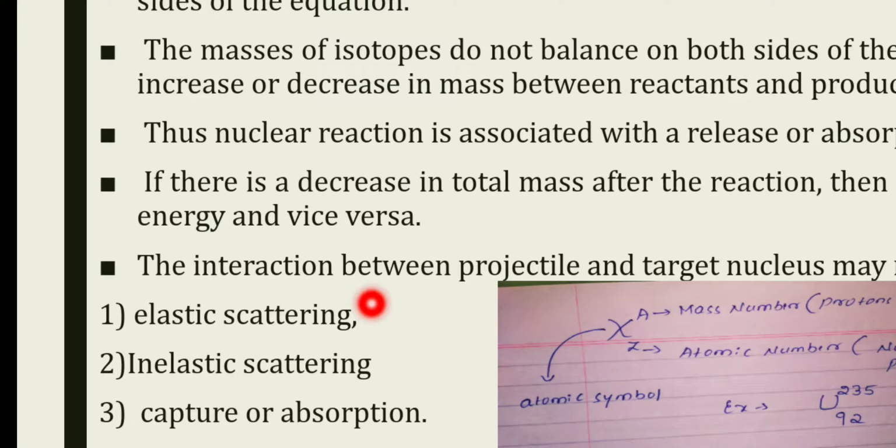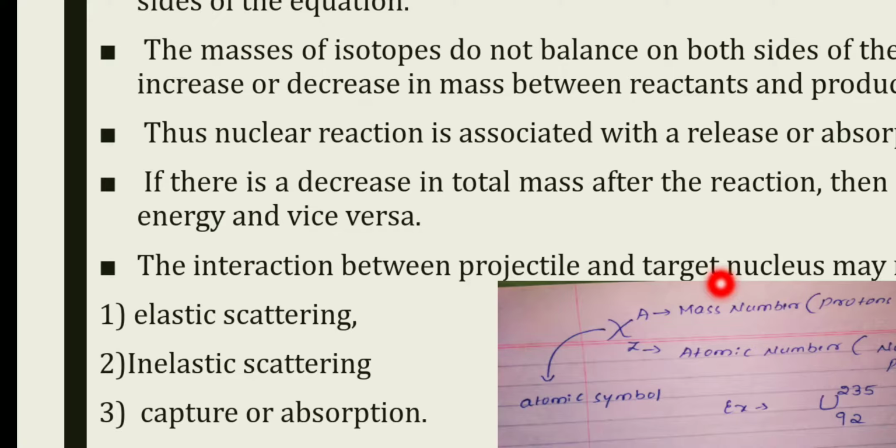A scattering process is where the neutron, the projectile, collides with the target nucleus, uranium-235. This nucleus remains unchanged in its isotopic composition.